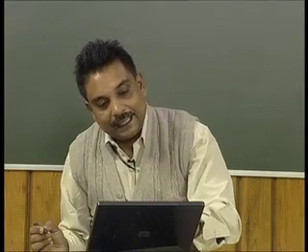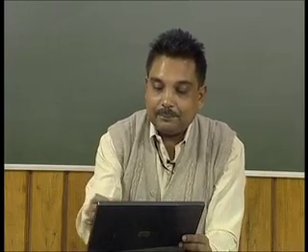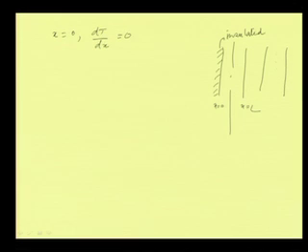Here also we have x equal to 0, dT by dx equal to 0, but in comparison to the previous case, where this was the center line and x was 0 here and the profile was like this, in this case x is 0 here, and at x equal to L, we have T equal to T w. The same is possible here: it is T w here, and T w here.